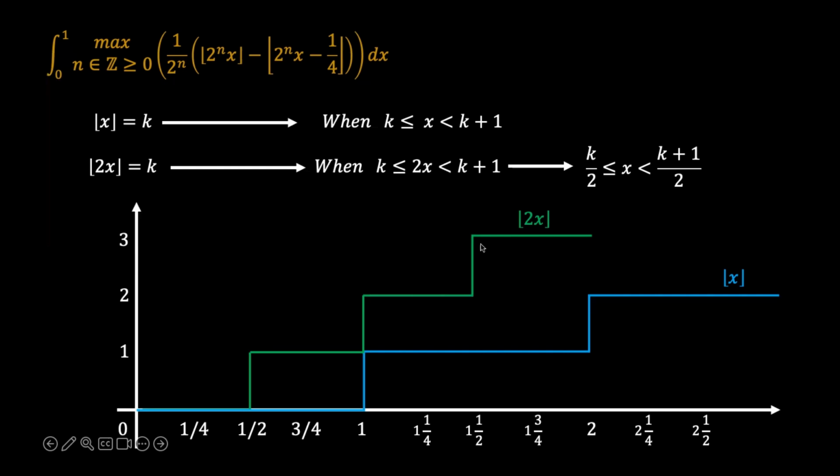And that also would happen if we have a floor function of 4x. At a quarter is where it becomes 1, and then it stays there up till a half, and at a half, half times 4, we get 2, it stays at 2 until 3/4, and it transitions to 3, and then at 1, it becomes 4, and so on. So that is what a floor function does. Now, that's what I just described.